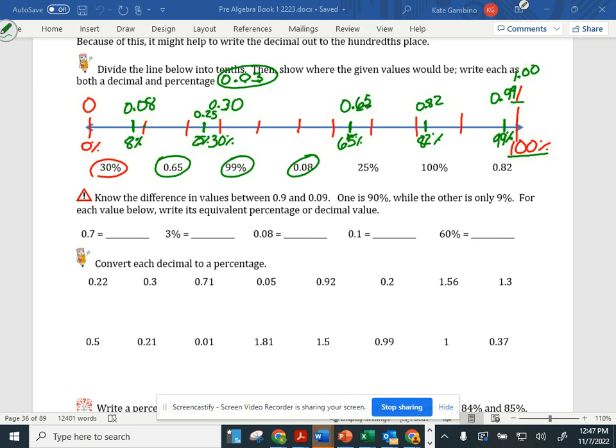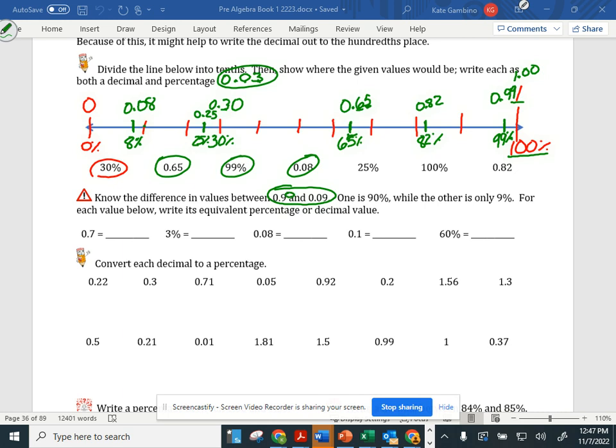So know the difference in values, and this is what you were talking about, Emily. Know the difference in values between 0.9 and 0.09. One is 90%, while the other is only 9%. So if we just go to the tenths place, and we know 100 is our magic number, we need to fill that 0 in to make it go out to that hundredths place.